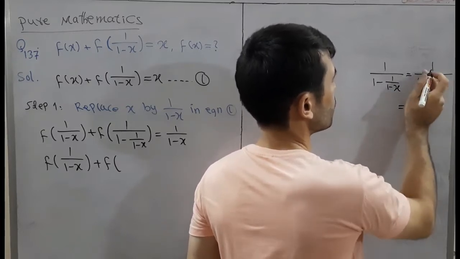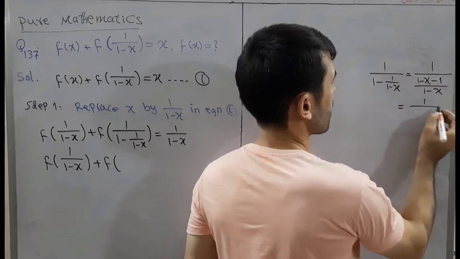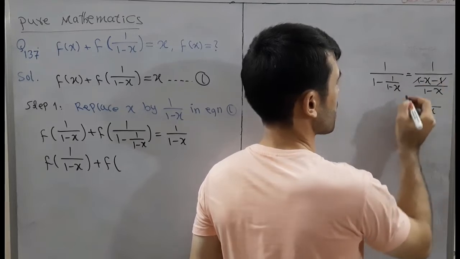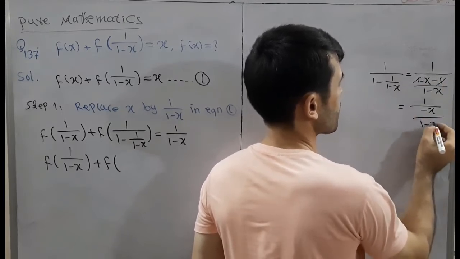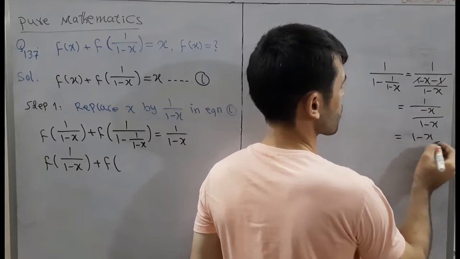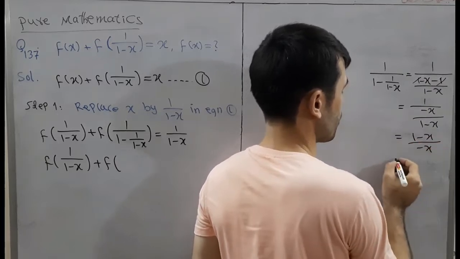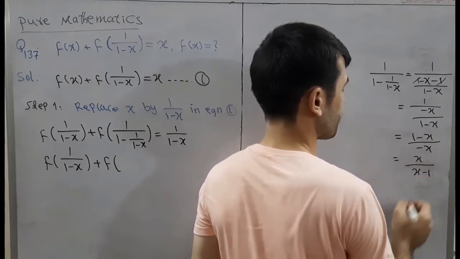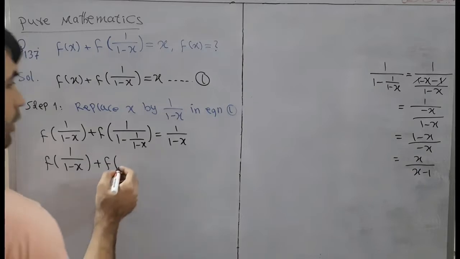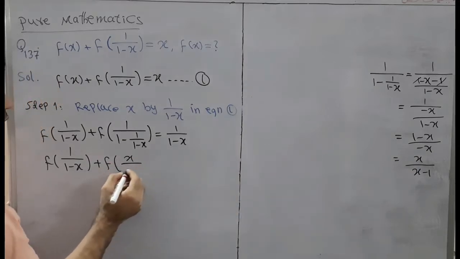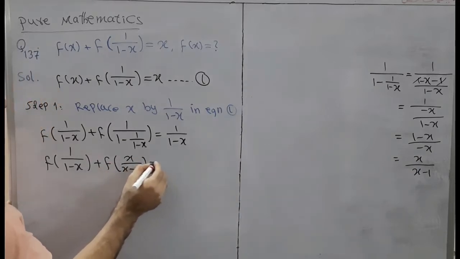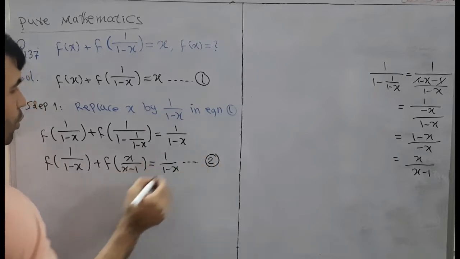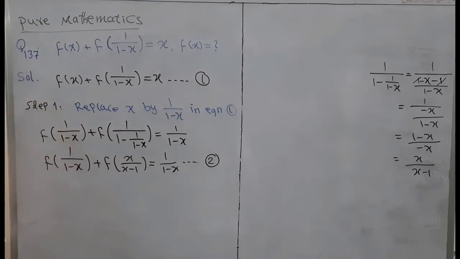It is equal to 1 over 1 plus 1 minus 1, which is minus x. These two cancel. Over 1 minus x, it is equal to 1 minus x over minus x, or we can write x over x minus 1. Then we can write x over x minus 1. It is equal to 1 over 1 minus x. We call this equation 2.